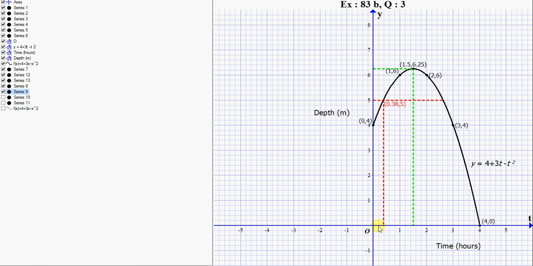And for the next point, the time is 2.62. Actually here we can see 2.2, 2.4, 2.6. 2.62 is accurate answer, but if we write 2.6, it's okay.